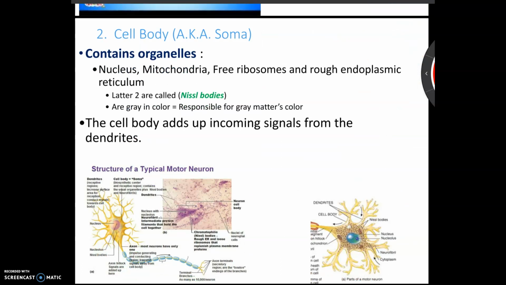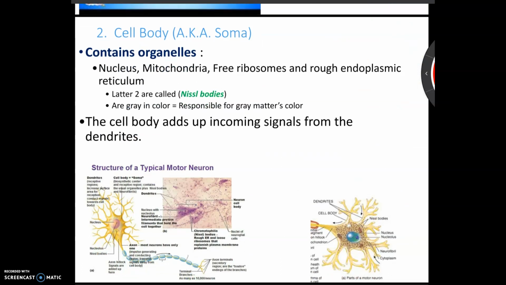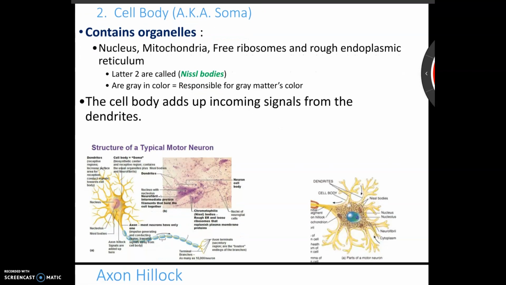It contains organelles. So remember this slide from the second lab? Those are all ribosomes. So you're actually seeing the ribosomes. That is why they're little speckles. Now it has a nucleus, mitochondria, free ribosomes, rough ER. Because there's so many ribosomes, this dude named Nissl named them Nissl bodies. No ego there at all.